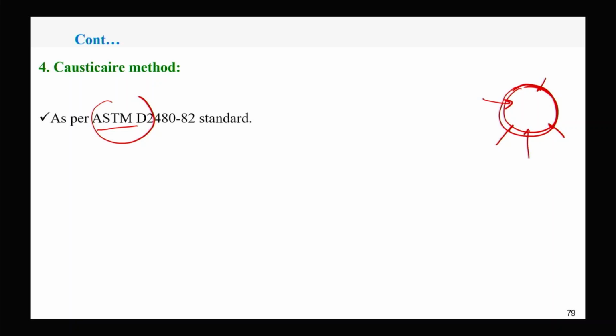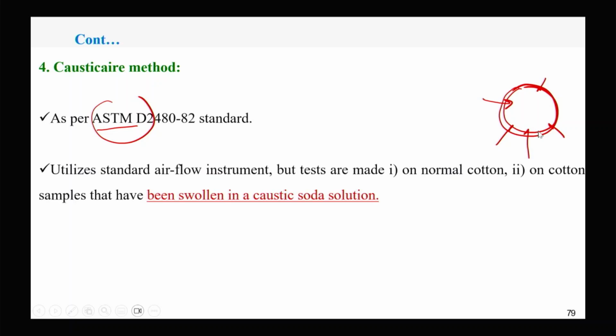Then we measure the airflow. Using a standard airflow instrument, a test is made on normal cotton and on cotton samples which have been swollen in caustic soda.